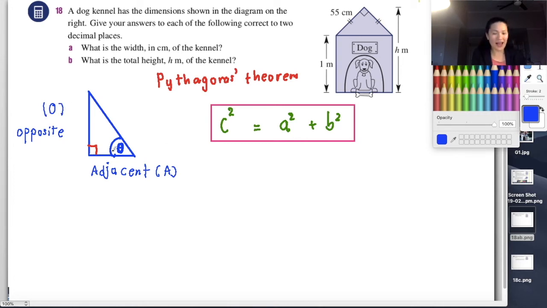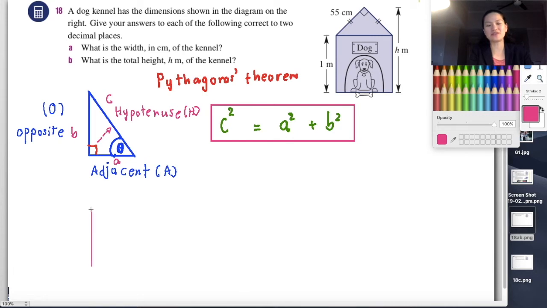Okay. And the one that is the opposite side to the right angle here is named hypotenuse, or they use H. But when we use it in the formula, we always use C, A, B. I'm going to write it down for you again, so you can see it easier.